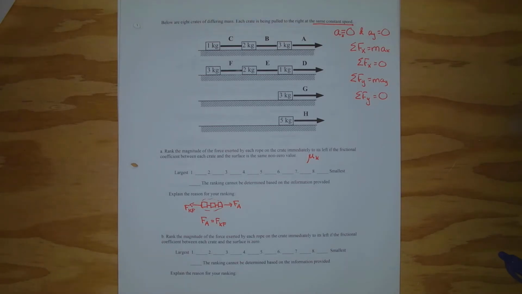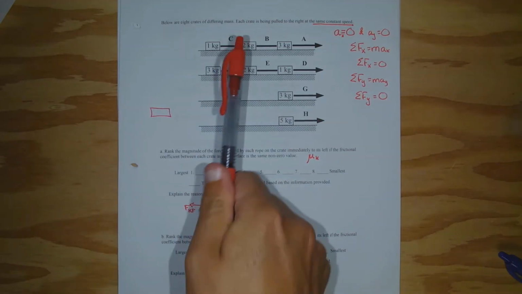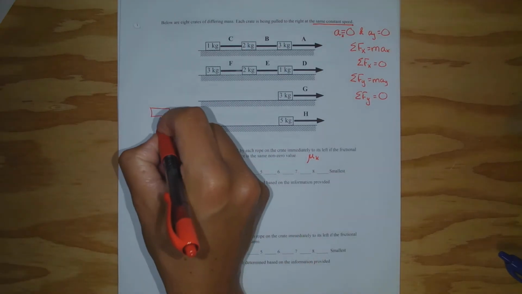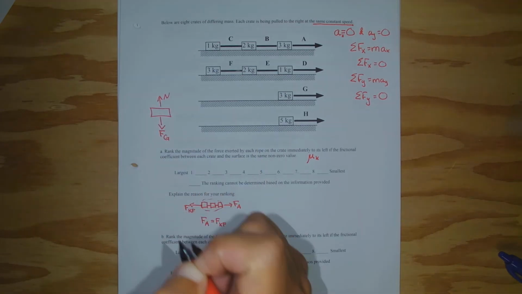Which means I also have to look at the forces that are acting in the vertical direction. For whatever blocks you look at, whether it's the train of 3 blocks or an individual block, you're going to have the force of gravity acting downward and the normal force acting upward.